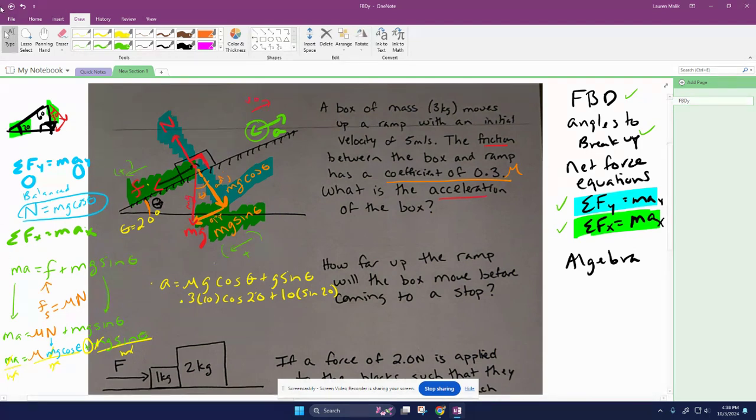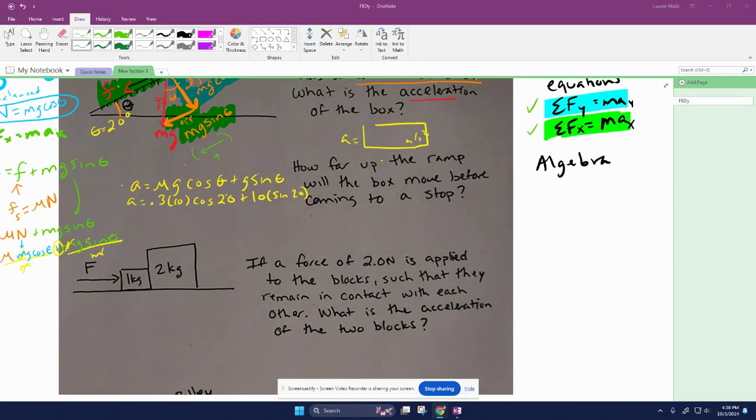Alright, and so I'll let you finish out that problem. When you're done, make sure that you box in your answer. So acceleration is, and make sure that you're including your units.